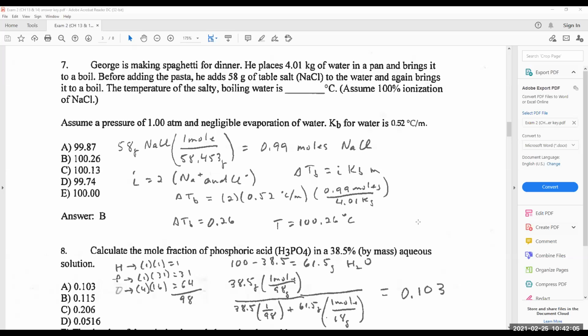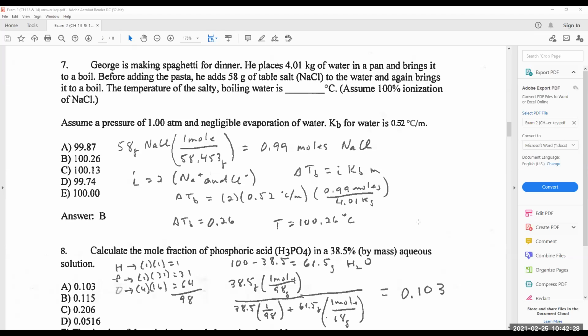So we needed to convert our 58 grams of sodium chloride into moles, and we do that by using the molecular weight. And our water was already in kilograms, so we were good there. So the molal term would be 0.99 moles divided by 4.01 kilograms.